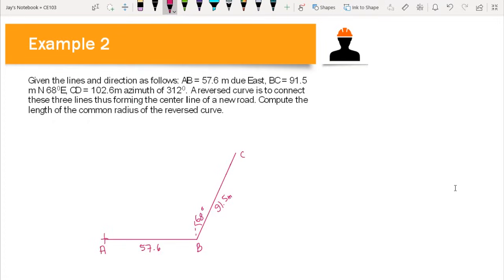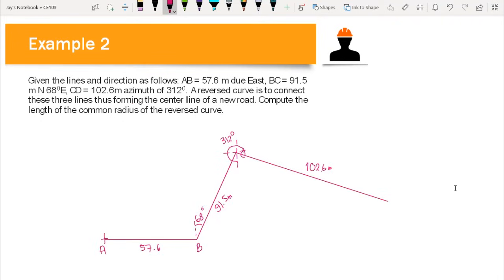And we know that an azimuth of 312 degrees is measured from the south line, or from the south direction, and thus we have to rotate clockwise from the south. So that means we have this line here, which is 102.6 meters, and the azimuth is 312 degrees, or the angle of rotation from the south is 312 degrees clockwise.